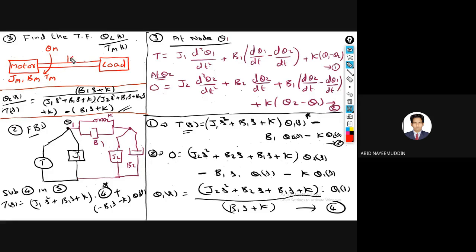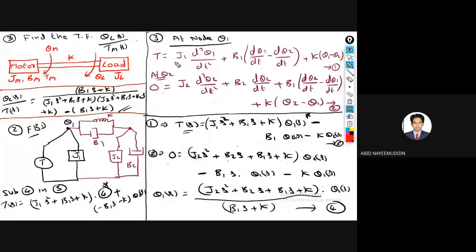This shaft has a spring property K, and at the load side this is theta L, and this load has only mass JL, no friction, no spring. This is the question he has given.